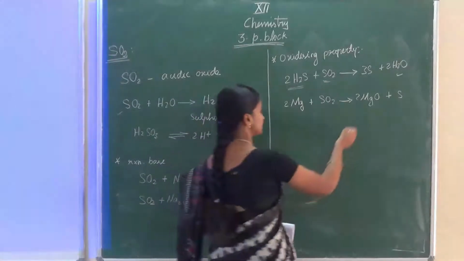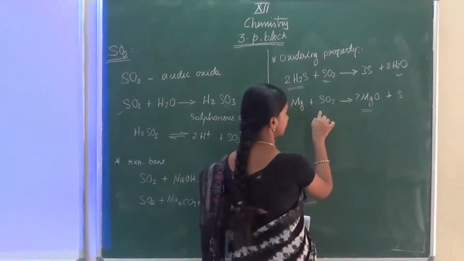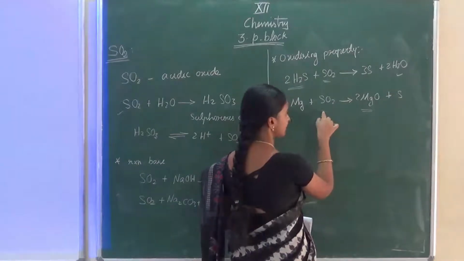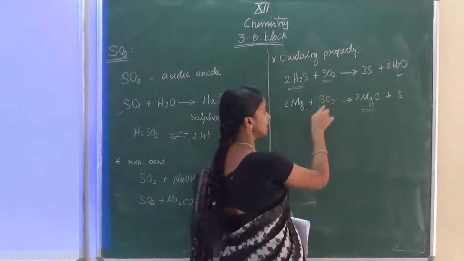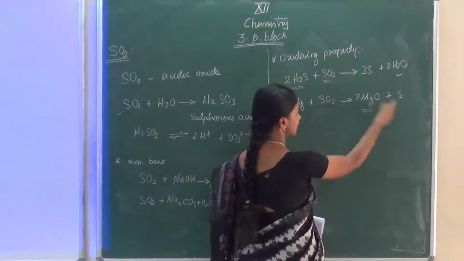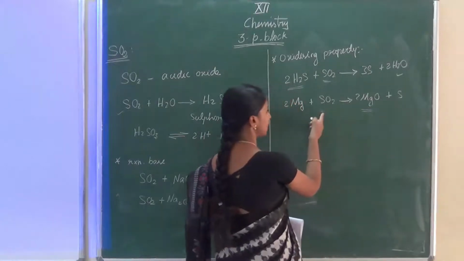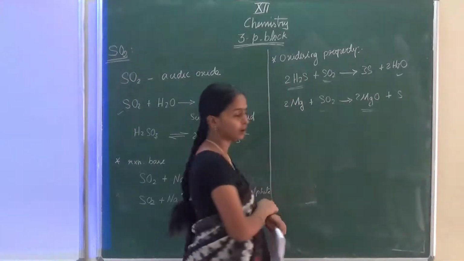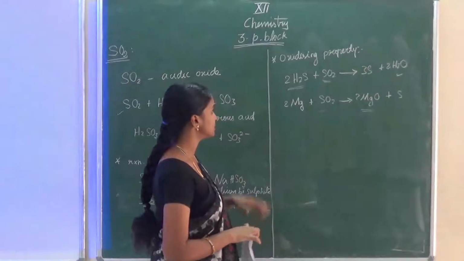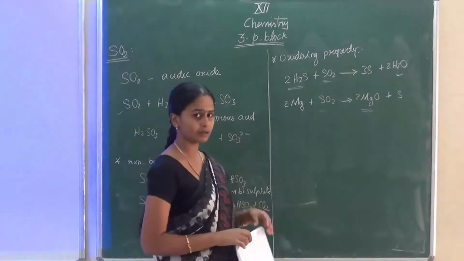How are we getting this oxidized product? Because of the sulfur dioxide. So the sulfur dioxide is acting as an oxidizing agent, but it really undergoes reduction, loss of oxygen, and makes the magnesium undergo oxidation. So this is the example for the oxidizing property of sulfur dioxide.